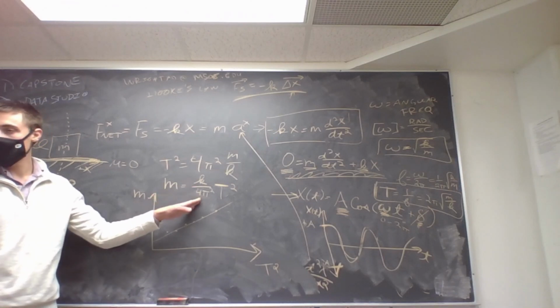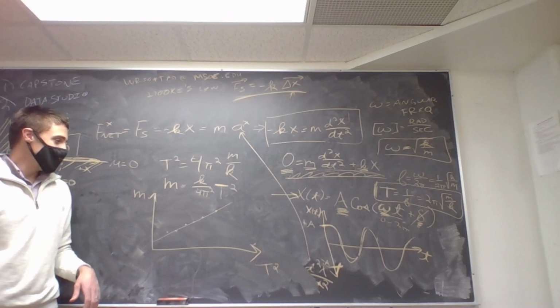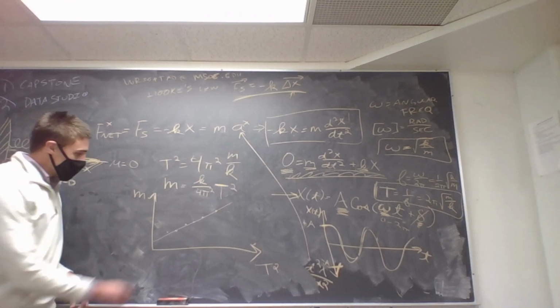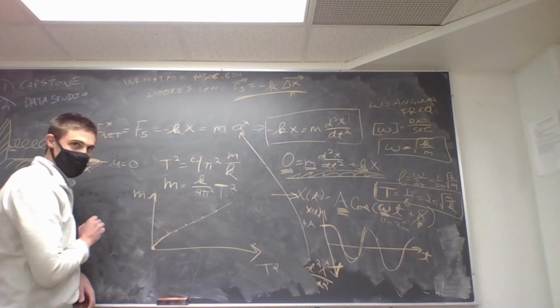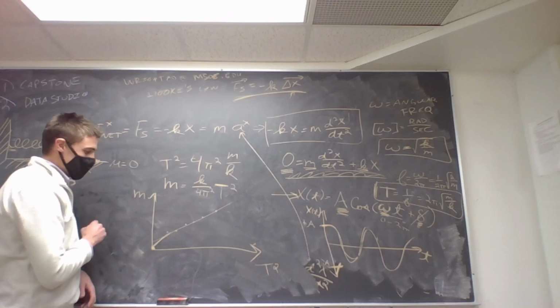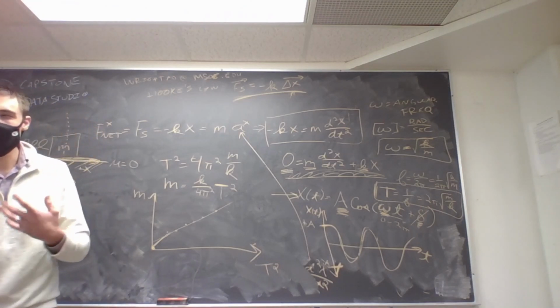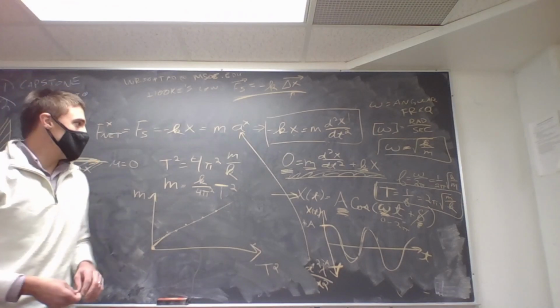The uncertainty on it will also be the uncertainty on k over 4 pi squared. And hopefully the intercept will go somewhere close to the origin as well. Hopefully the intercept is something that's at least close to being consistent with 0. Okay? So that's the basic idea.